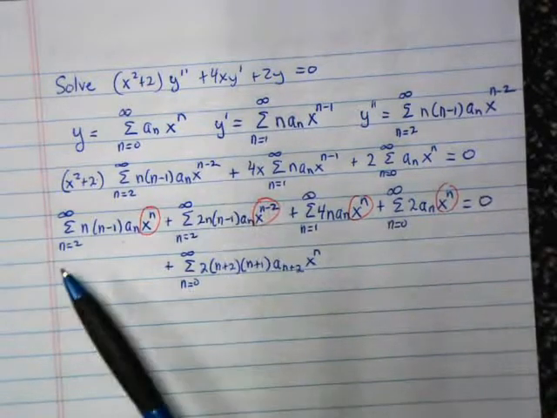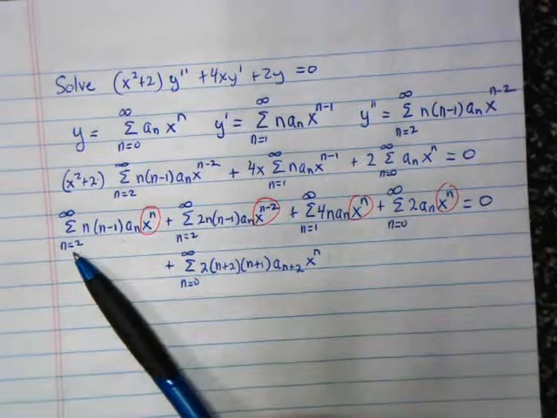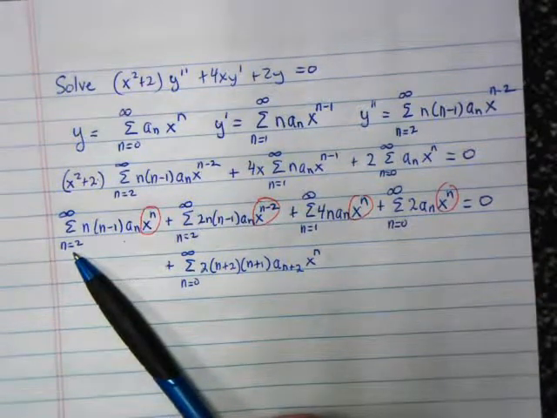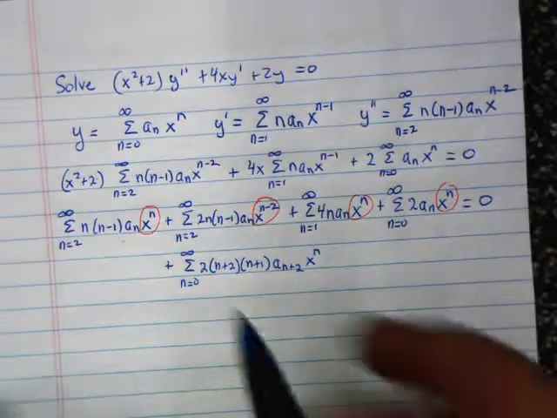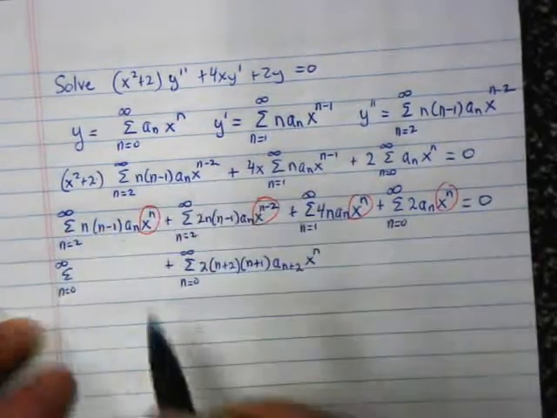This one's got a problem. This one has the right exponent, but it doesn't start at the right place. I want it to start at 0. So how do I fix that? Nope, don't subtract 2. Just start it at 0. Because what happens when I plug 0 in?